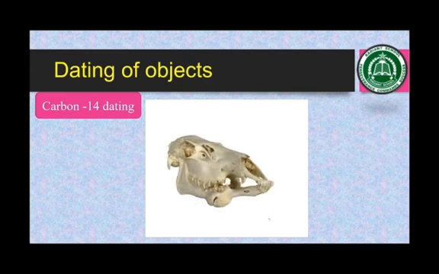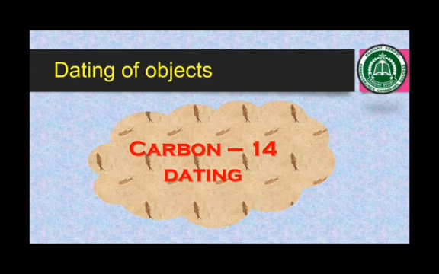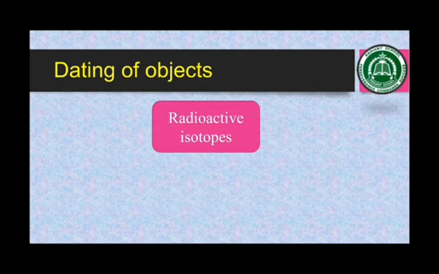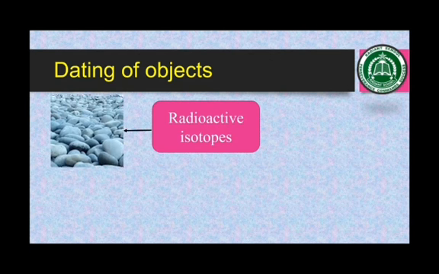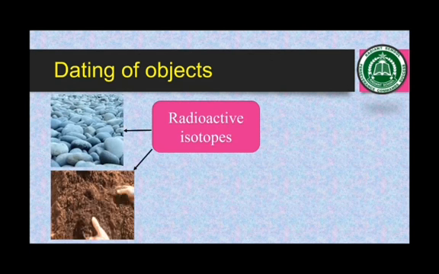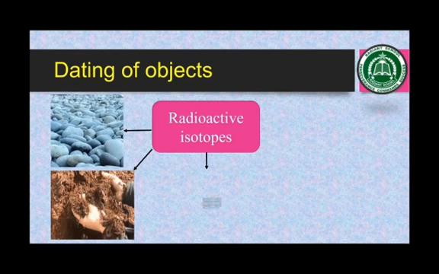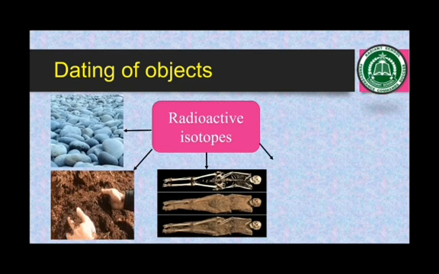So this process is called carbon-14 dating, carbon dating, or simply dating. In this way, we can say radioactive isotopes are also used to date objects. It is used to date rocks, soils, mummies, and archaeological objects.